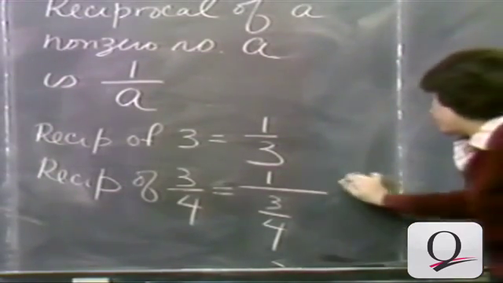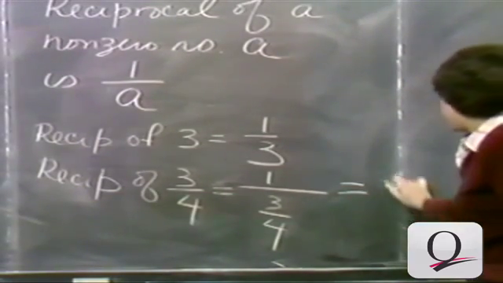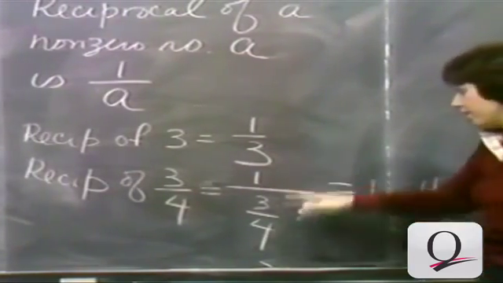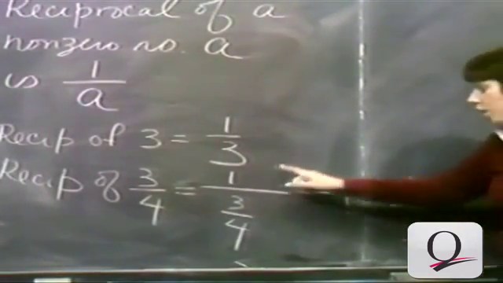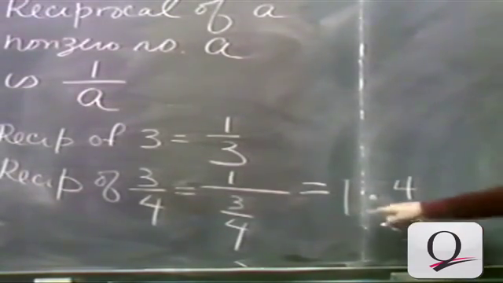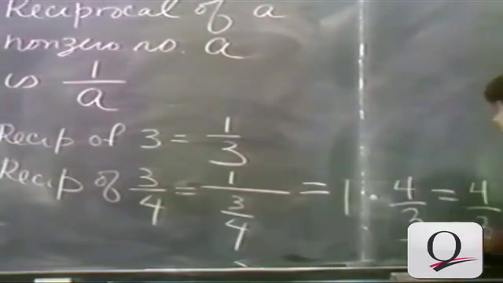Okay, 1 over 3/4, instead of 1 divided by 3/4, we can make it 1 times 4/3. We invert and multiply. 1 divided by 3/4 is 1 times 4/3. We invert and multiply. That gives us 4/3. So the reciprocal of 3/4 is 4/3.